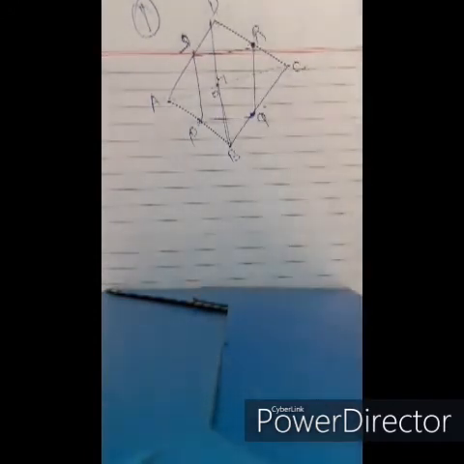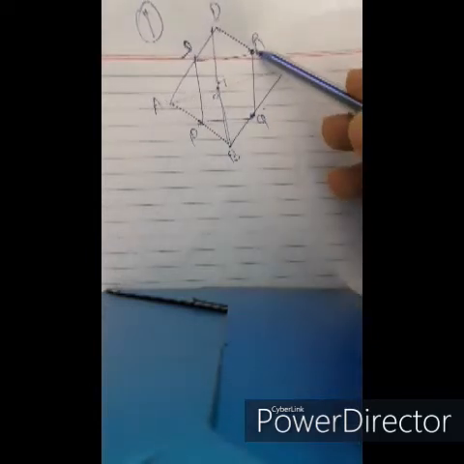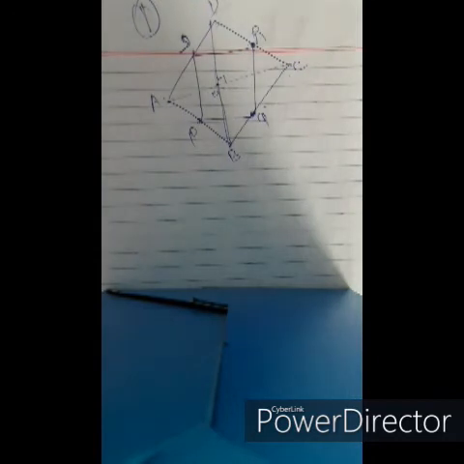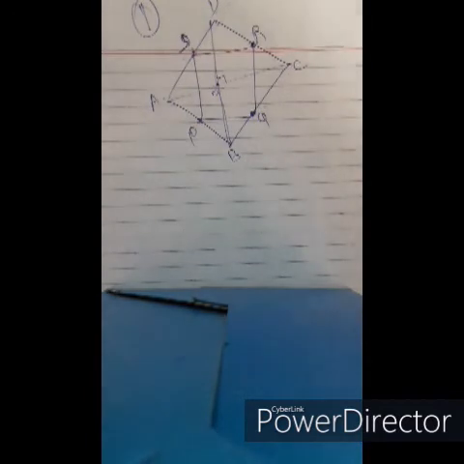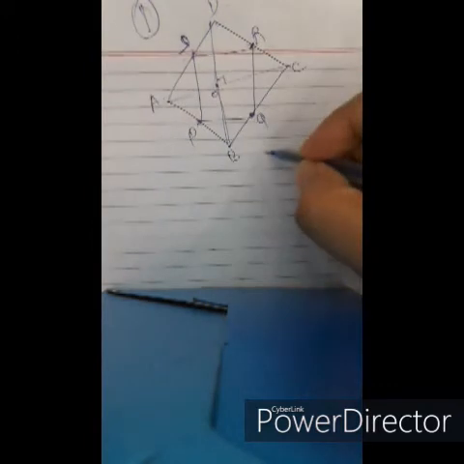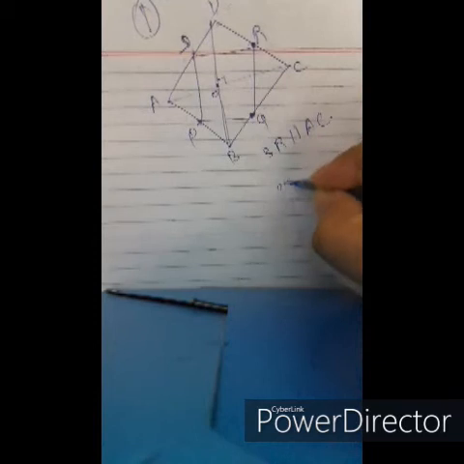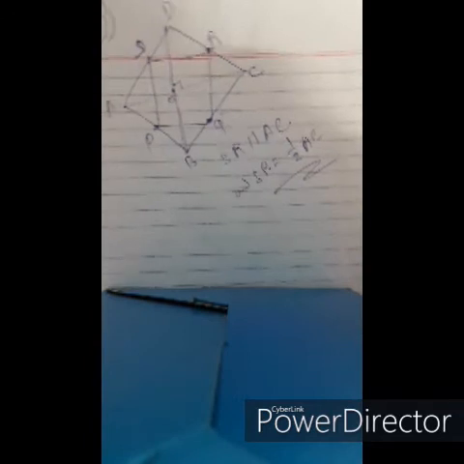We can see that S and R are the midpoints of AD and CD. So, by the midpoint theorem we know SR is parallel to AC and SR equals half of AC, since S and R are the midpoints of AD and CD.